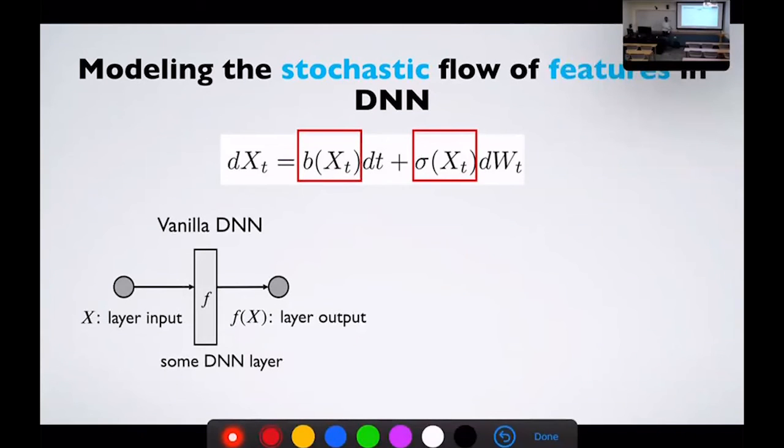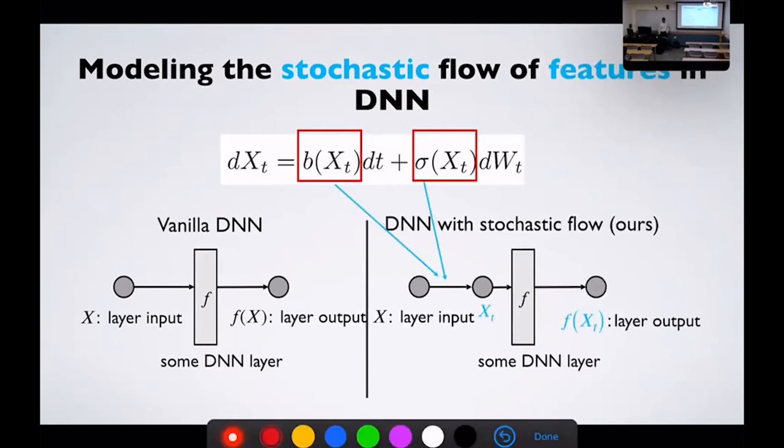I had FMG before, now it's sigma, otherwise the same. And then we have the vanilla DNN. If I want to represent it in graphical form, this X, the layer input, gets transformed by this forward Z to XT, and then that goes into a network for training. That's what we call a deep neural network stochastic.